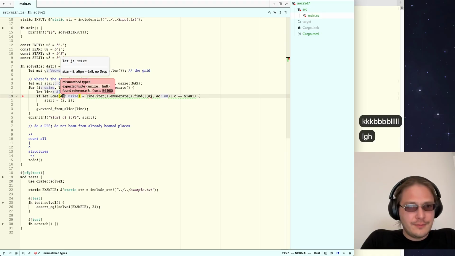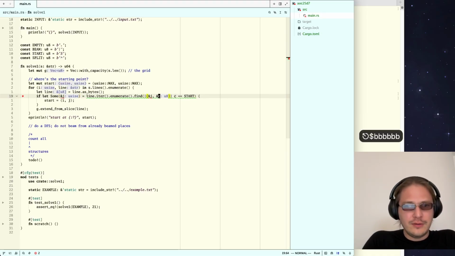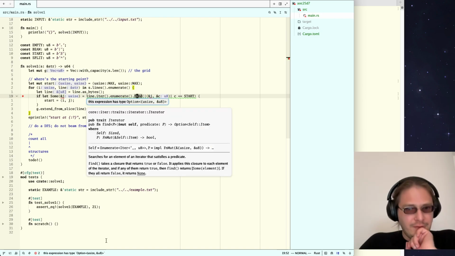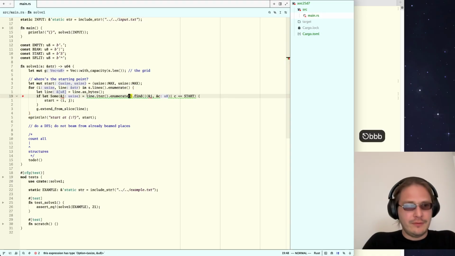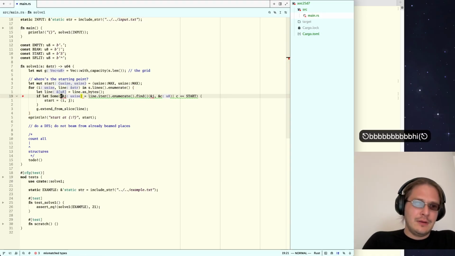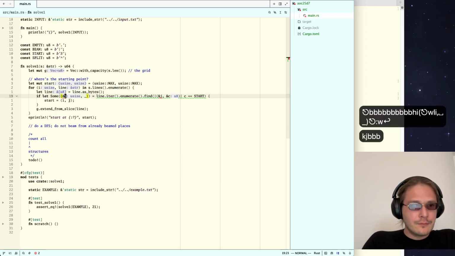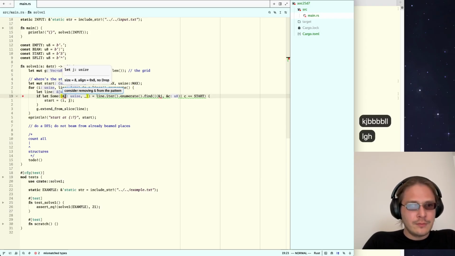What's on here? Expected tuple, found ref. Okay, so what's the type of find? Option Self::Item, and Self::Item is, yeah, I agree. Yes. And now what's one?